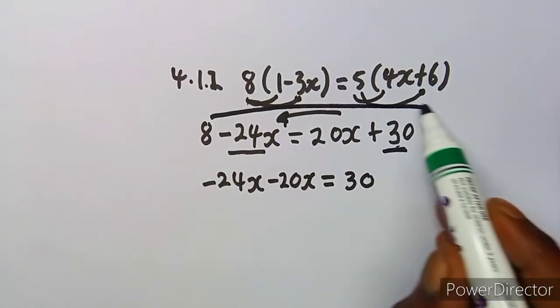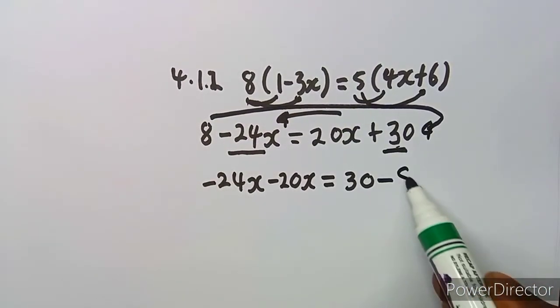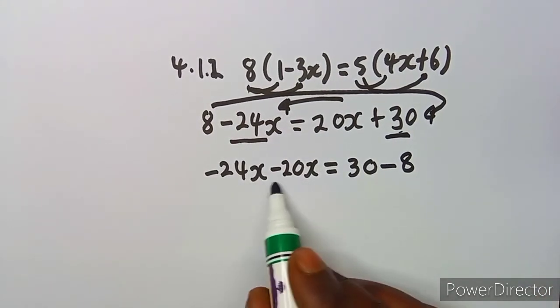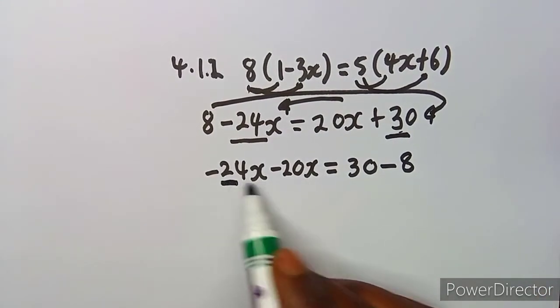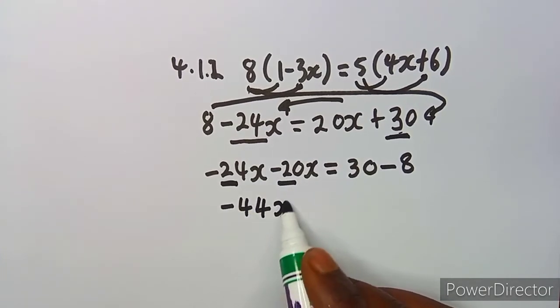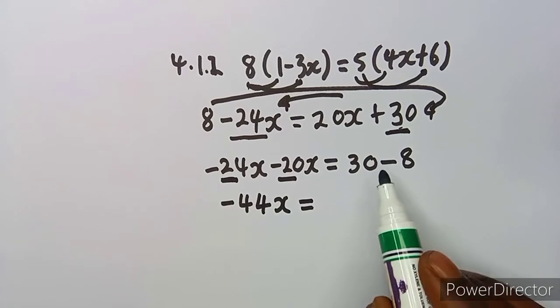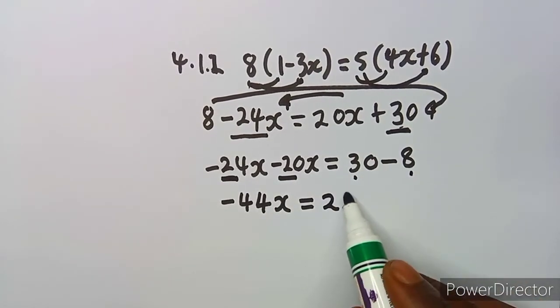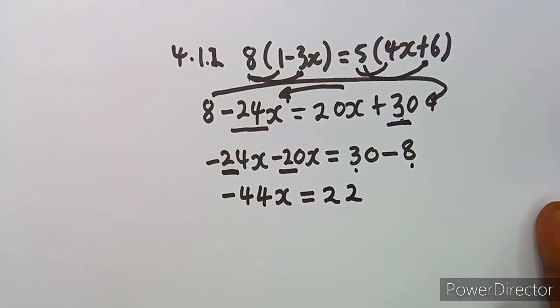Then transpose 8 to this side, so it's minus 8. Then simplify from your calculator: minus 24 minus 20 gives you minus 44x, which is equal to 30 minus 8.